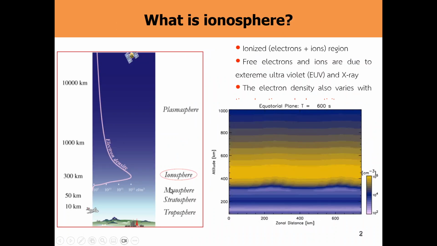Everyone knows already that the ionosphere is one of the layers. It's not even called atmosphere. When we talk about atmosphere, we talk about lower altitude, no? So the ionosphere is well known. It's been studied for a long, long time, since the 1960s, because during that time they utilized a lot of communication in the ionosphere, for example HF communication.